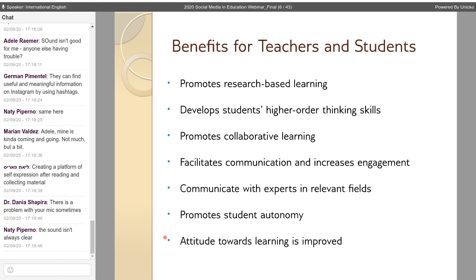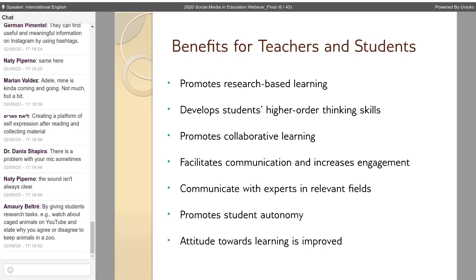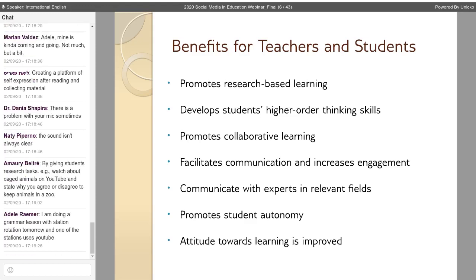Next, you ask them to use Twitter to send questions to historical figures, or to share their knowledge about Benjamin Franklin with their followers. Next, we can create a Facebook page where students upload their work or project or share their information with their classmates or with other group members.